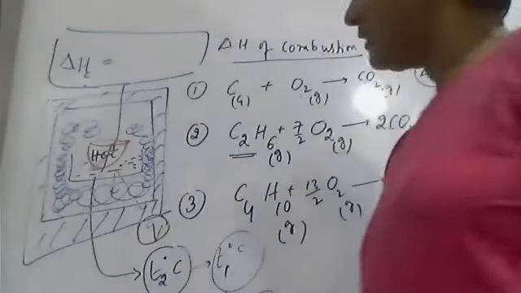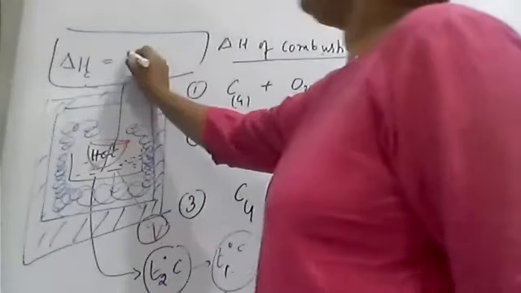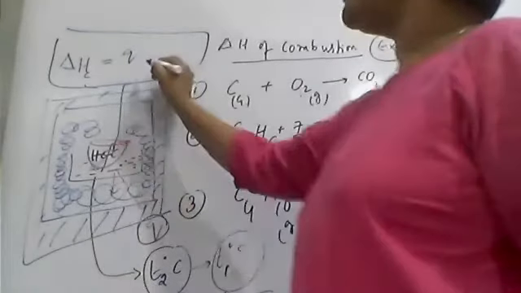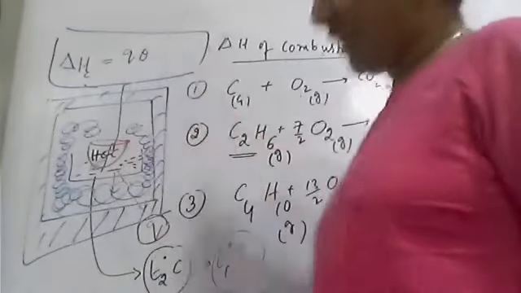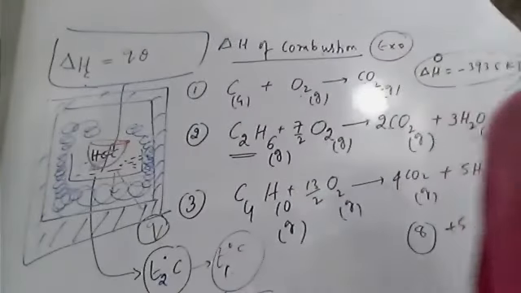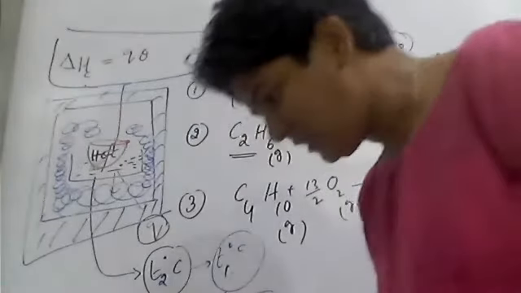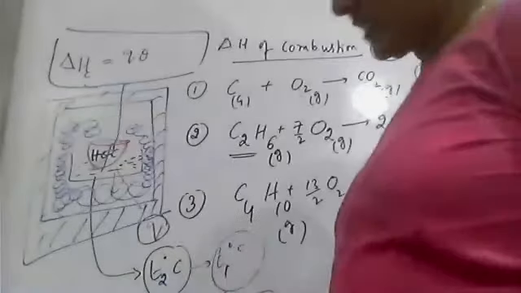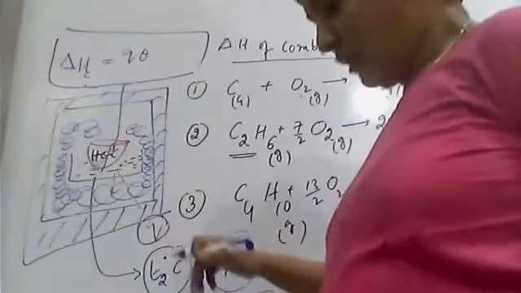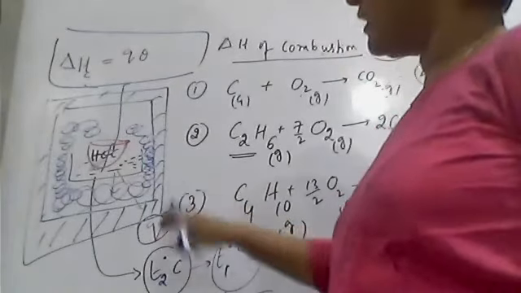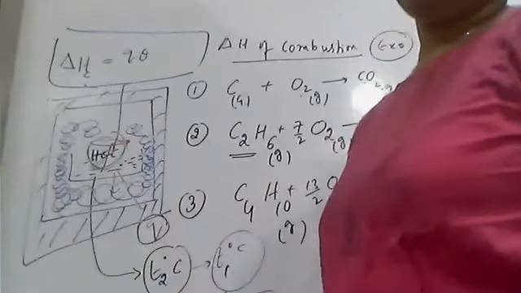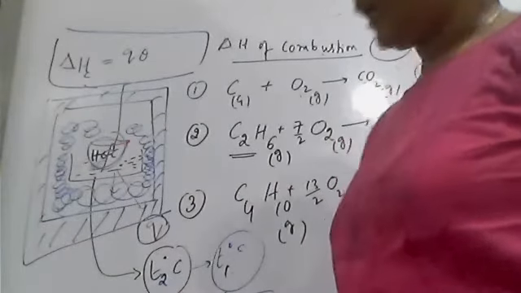See here, I'll write the heat capacity of this copper ball or system as Q, into the rise in temperature theta, into the molecular weight, because any substance which is taken will definitely have some molecular weight.